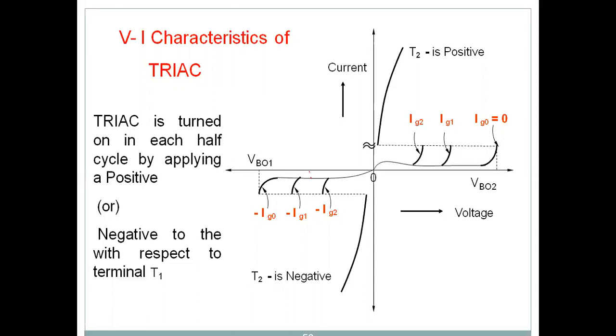The supply voltage at which the triac is turned on depends upon the gate current. The triac turn-on voltage decreases as gate current increases.